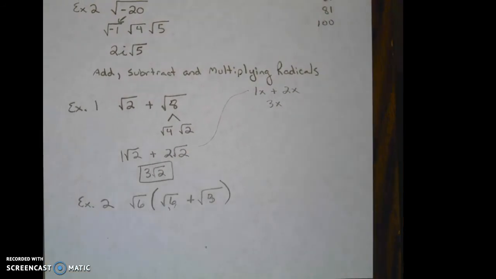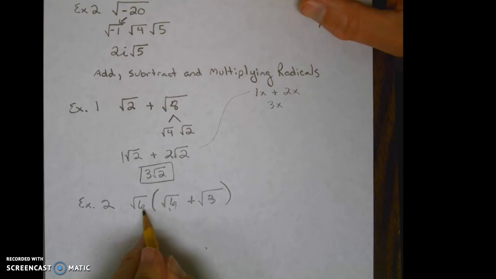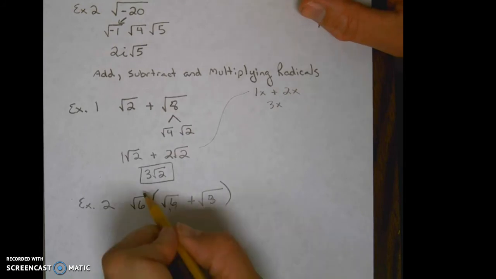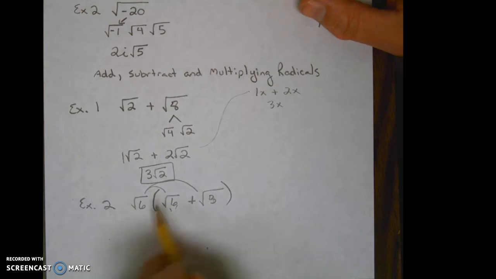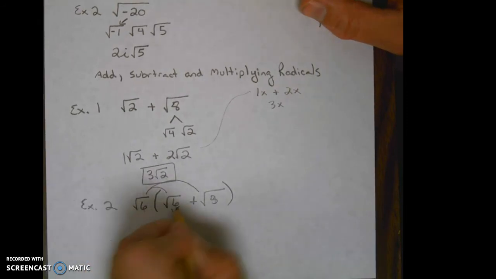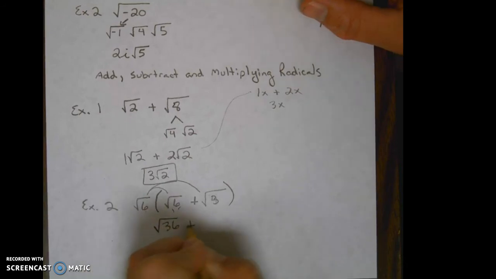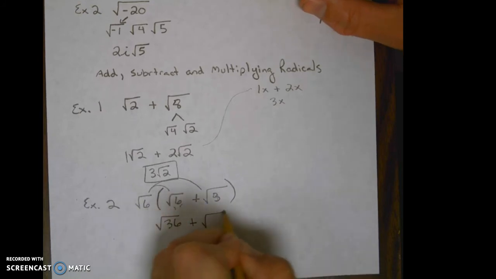Notice that we have a square root of 6 times a quantity. So remember, when you're multiplying times a quantity, you want to distribute. When multiplying, you multiply the radicands together. So 6 times 6 is going to be the square root of 36. And then the square root of 6 times the square root of 3 is going to give us the square root of 18.